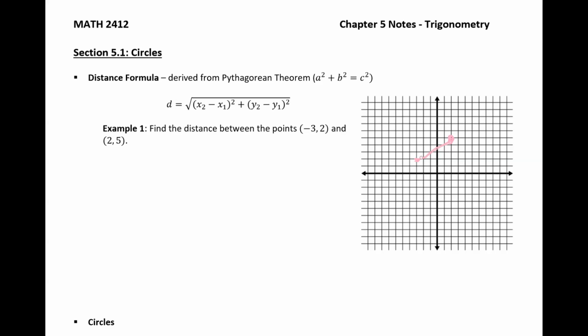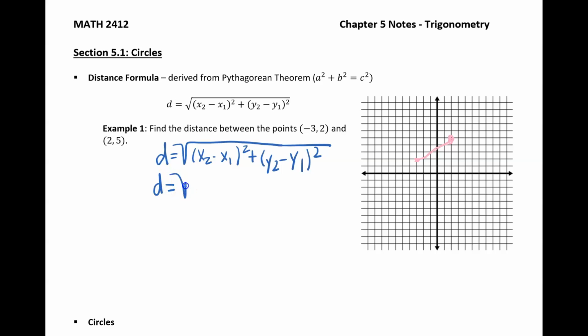Let's use our formula. I have distance equal to the square root of (x2 minus x1) squared plus (y2 minus y1) squared. Then the distance would be equal to, I'm going to plug in those values. I always like to label what I'm working with. Here's x1, y1, and here's x2, y2.